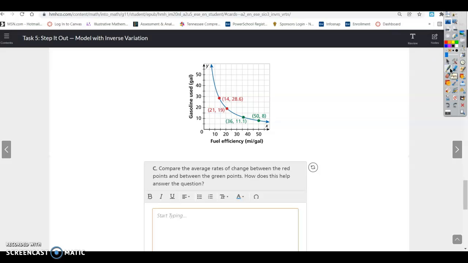All right, so average rate of change we know is y minus y over x minus x.